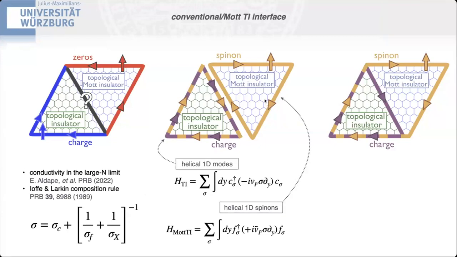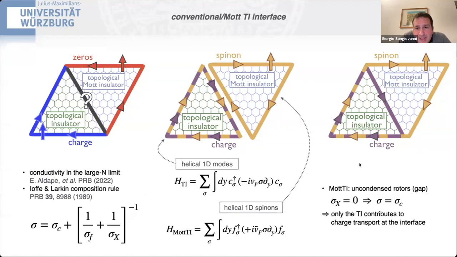where we have a system with spin charge separation like this, because if you have uncondensed rotors, so a gap, then you have zero conductivity for the boson, and the conductivity from here to here is given by the original conductivity of the C fermions.